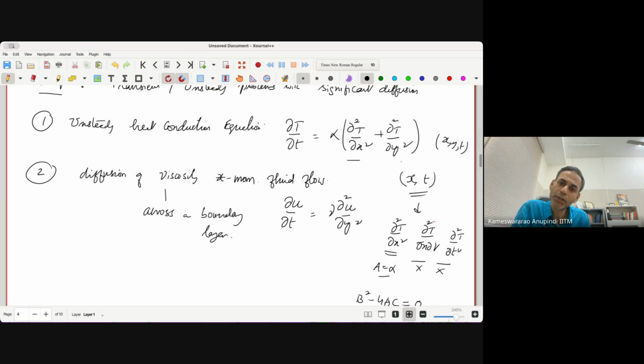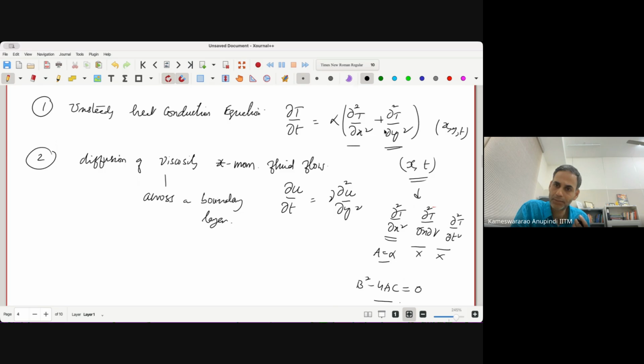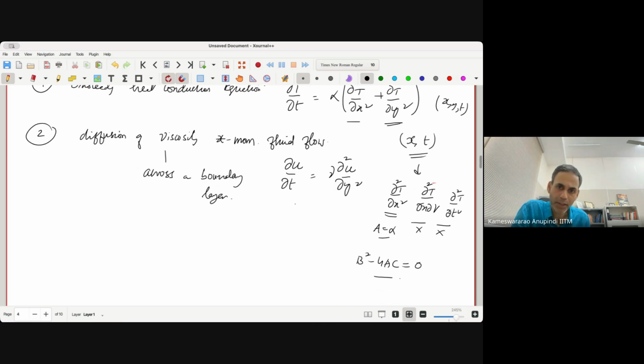Okay, similarly, we can show that if it is y and t, it is also going to be a parabolic problem. Similarly here also it is a parabolic problem because the discriminant is equal to 0.